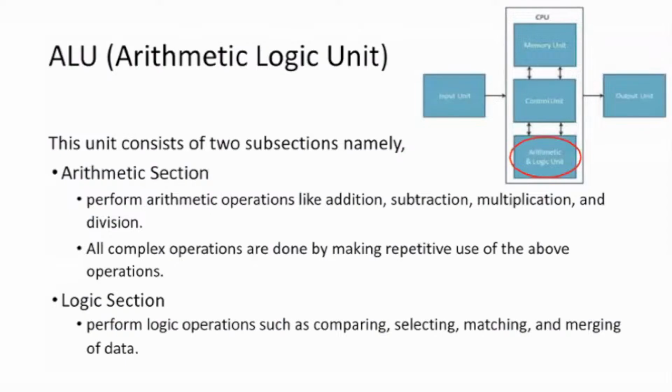Matching means we have to match them to our instructions. Merging means we have to merge them. So when we give instructions, we have to do some logical things. That is done by the logic section.